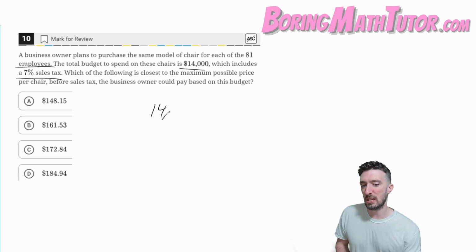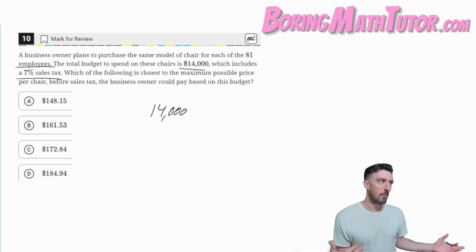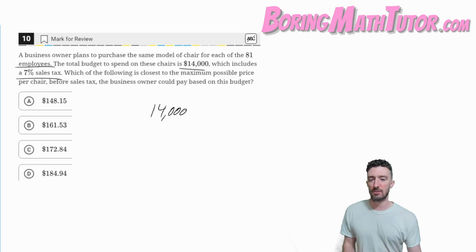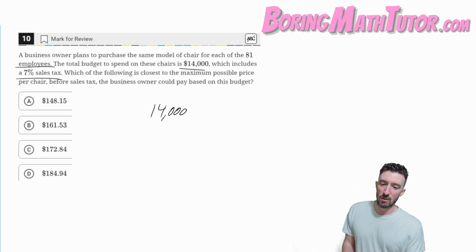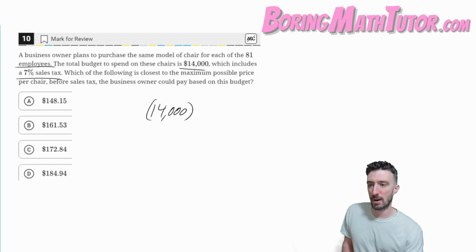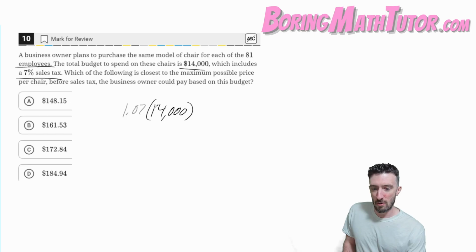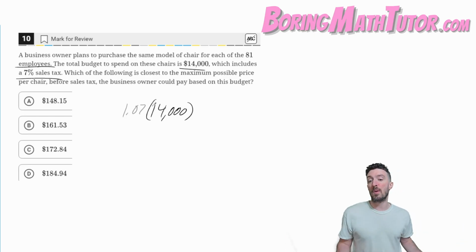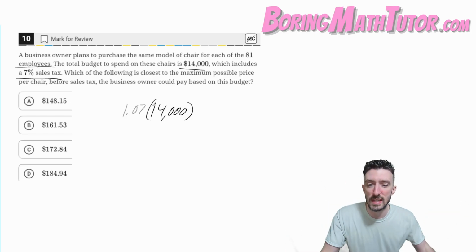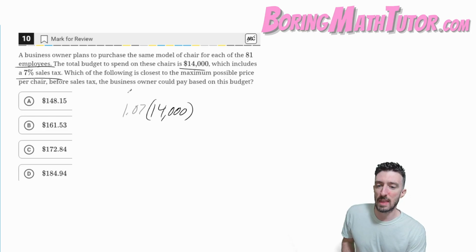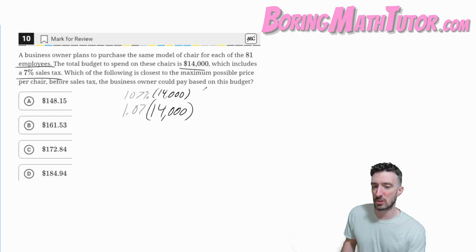So if he just went to Staples and said, give me $14,000 worth of chairs, they would say, okay, but the government said we're going to have to multiply that by 1.07, because that's 107% of whatever you're spending.